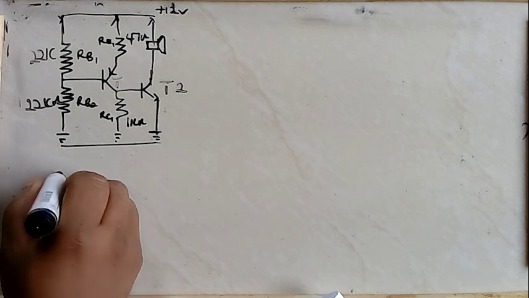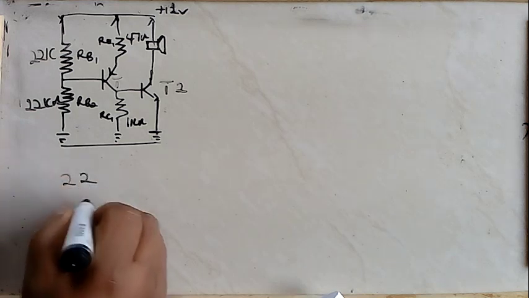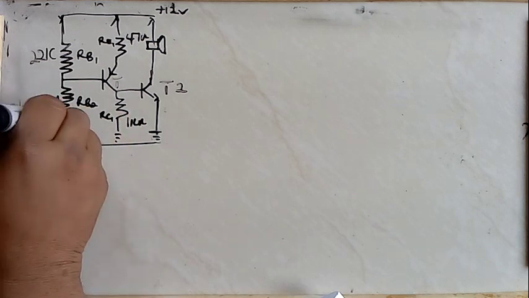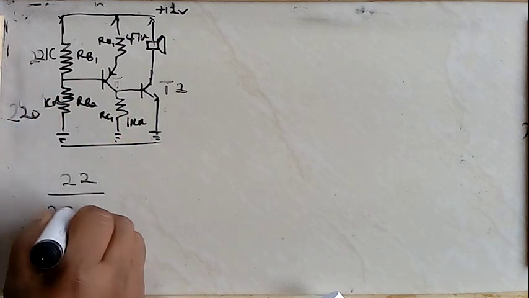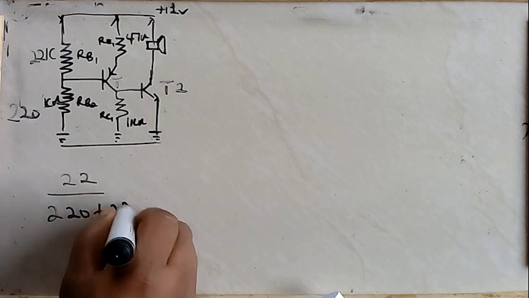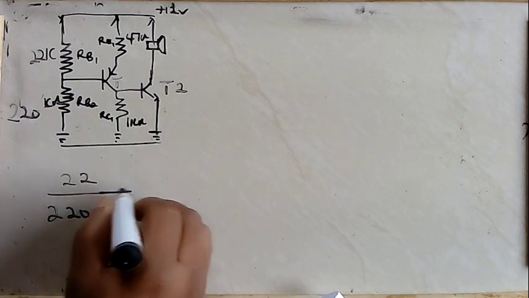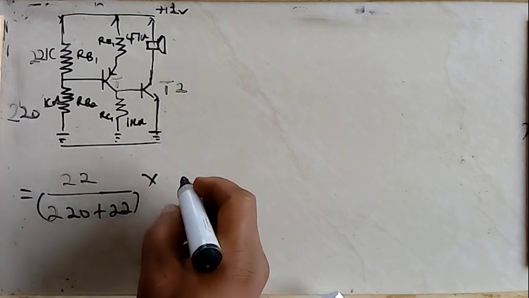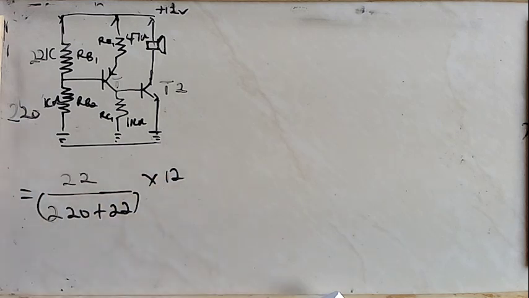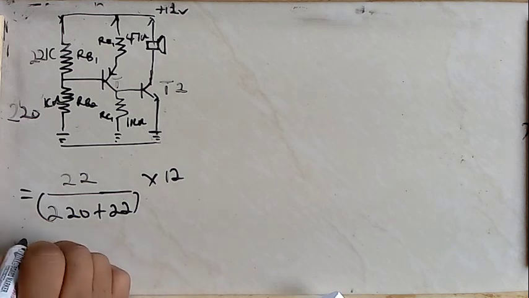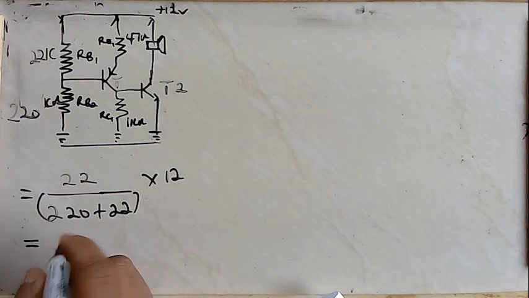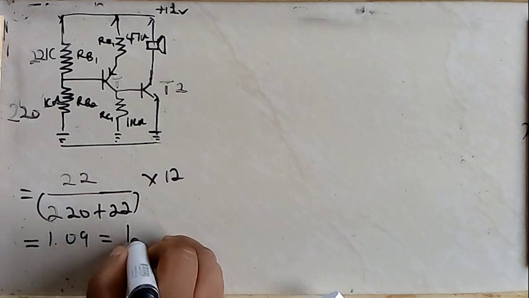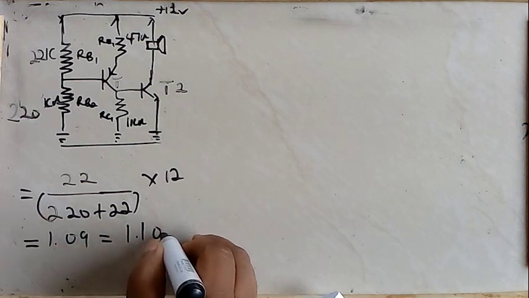So we have 22 over 220 plus 22, all by the supply voltage. If you do the math, you arrive at 1.09 volts, which approximates to 1.10 volts.